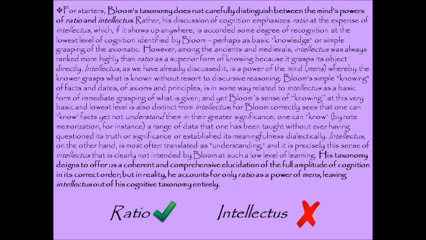And it is precisely this sense of intellectus that's clearly not intended by Bloom at such a low level of learning. His taxonomy purports to offer us a coherent and comprehensive elucidation of the full amplitude of cognition in its correct order. But in reality, he accounts for only ratio as a power of mens, leaving intellectus out of his cognitive taxonomy entirely. Okay?